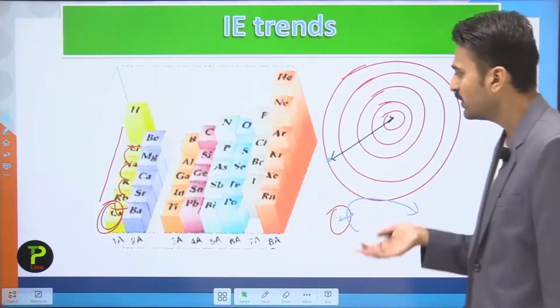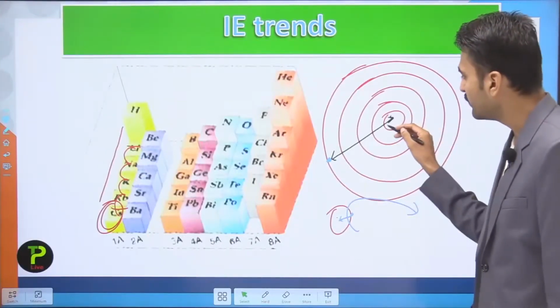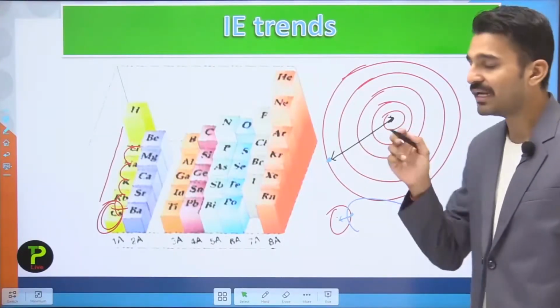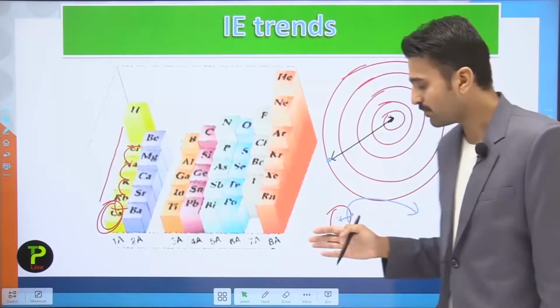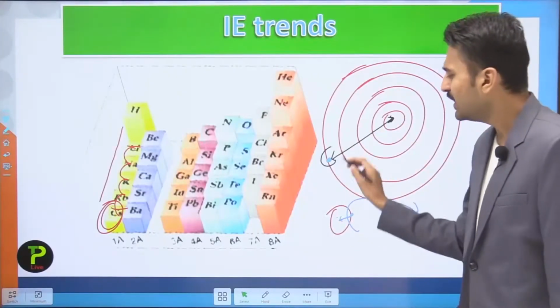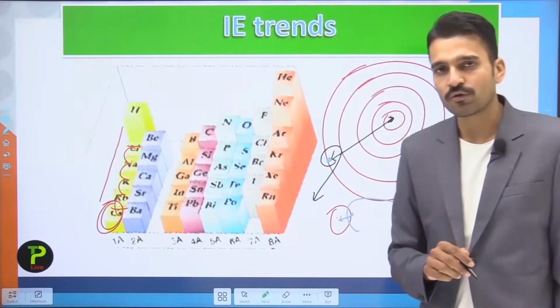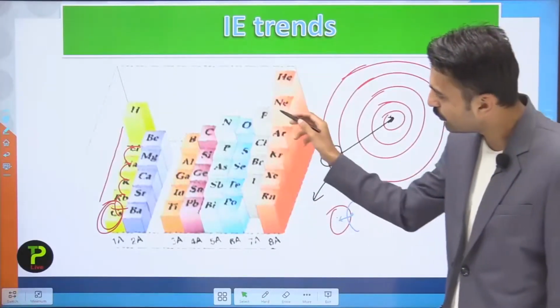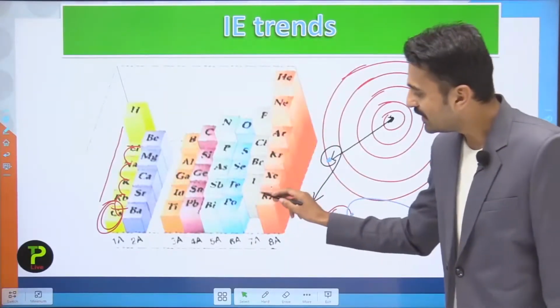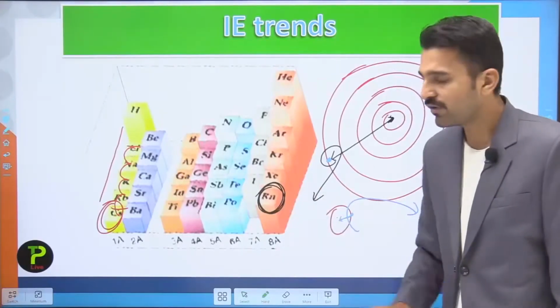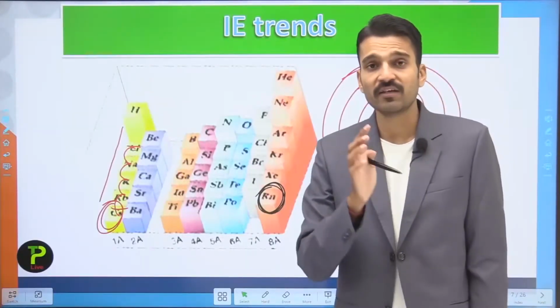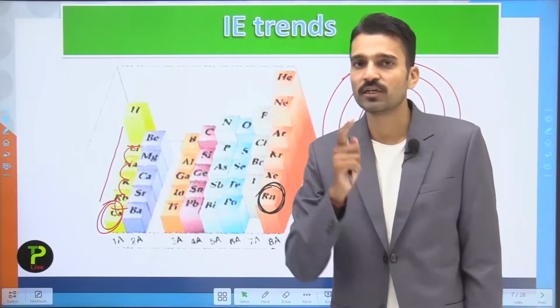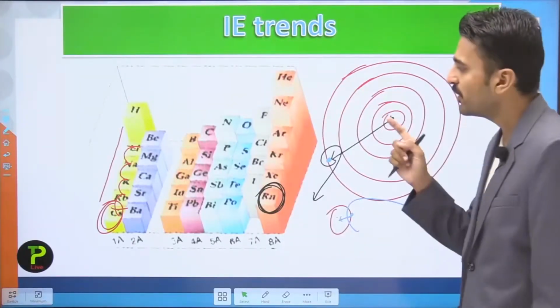So what happens here? The force of attraction between the nucleus and the outermost electron is very small as compared to this, so we can easily remove this kind of electron. So while moving down a group, the least amount of energy is required for the last member and the highest amount of energy is required for the first member present in a group.